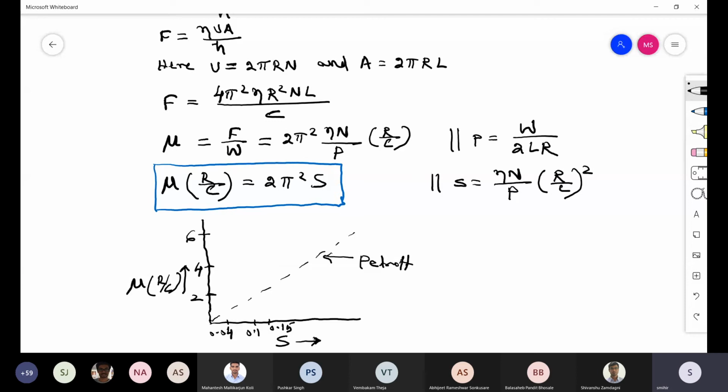As you can see, it is linear from this expression. This is 2 pi square, the slope.